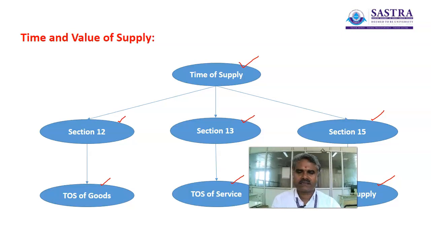First we cover complete time of supply of goods and the time of supply of services, then we find out the total value of supply. So keep in mind these three sections, whenever you study time and value of supply: section 12, section 13 and section 15.